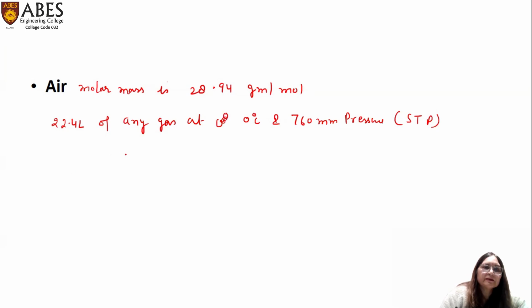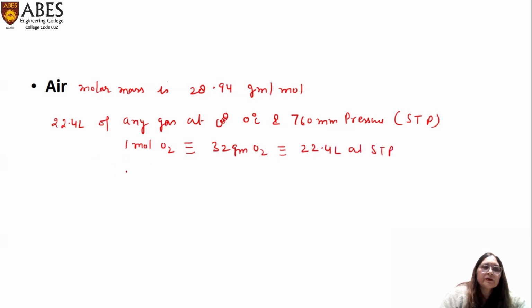We can write this: 1 mole of oxygen, which is equal to 32 gram of oxygen, which is equal to 22.4 liter at STP.